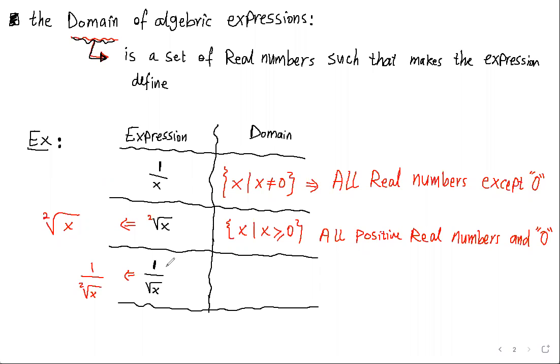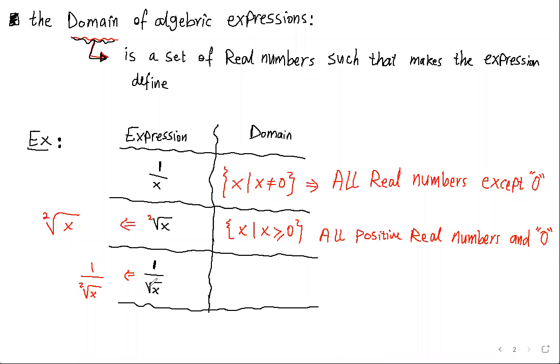Wouldn't that be the same as the one above it? The same as the one above it, but, as you said, all positive real numbers and 0? Can I plug in the 0 here? No, you can't, because anything over 0 is undefined. Exactly. So here it's the same as before.